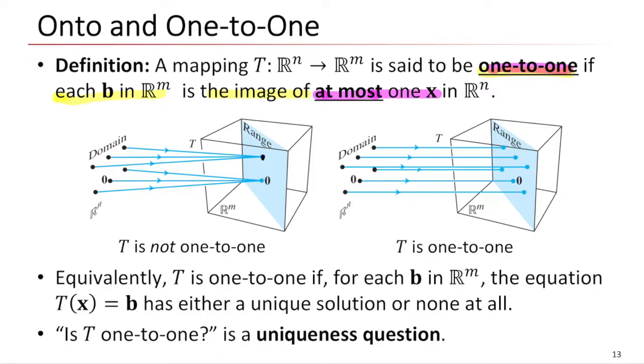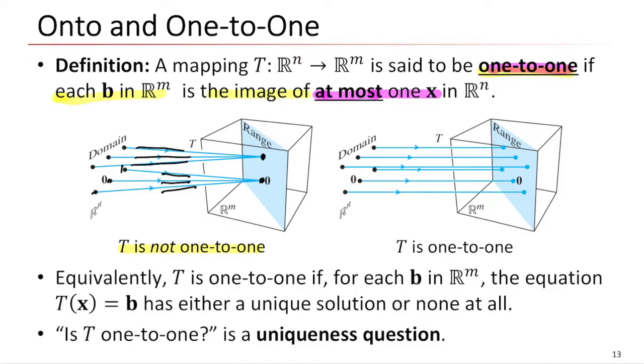For some output point here, there are many mapped points from the domain or input space. What about this point? This point also has many input values from the domain space. So in this case, the transformation T is not a one-to-one mapping.